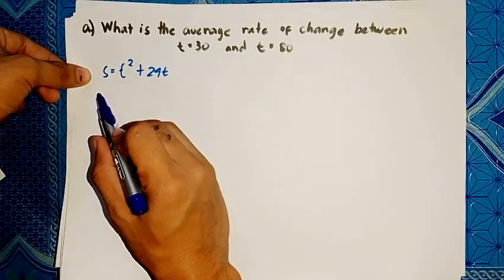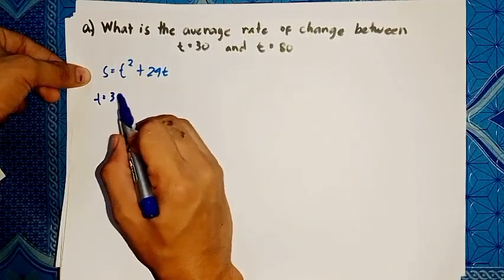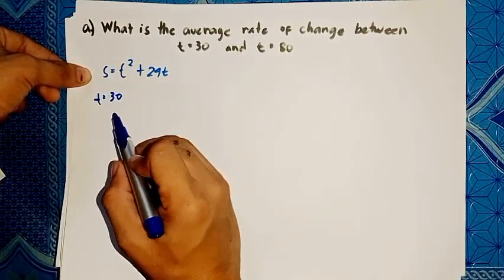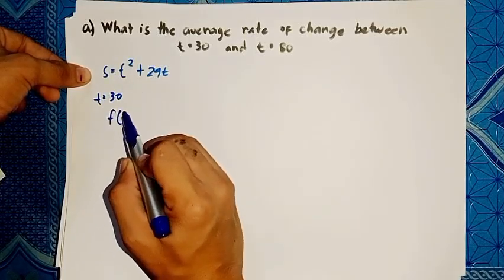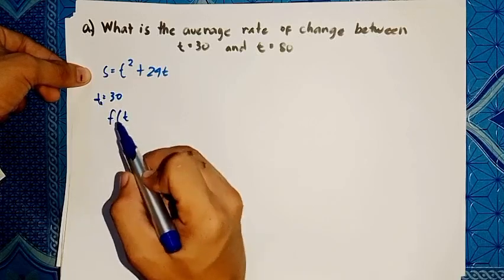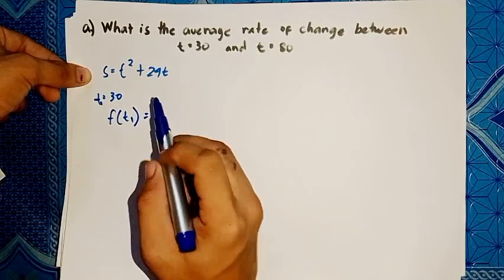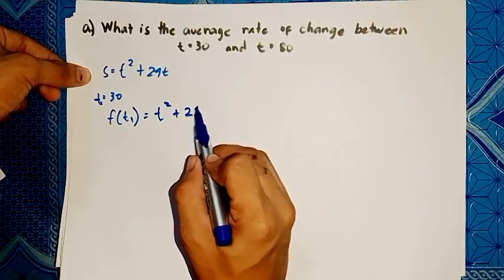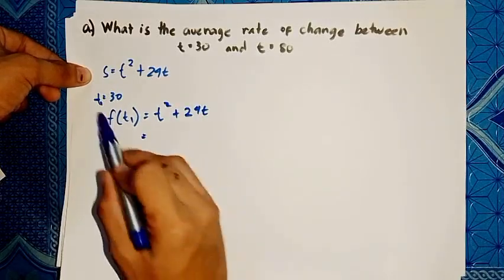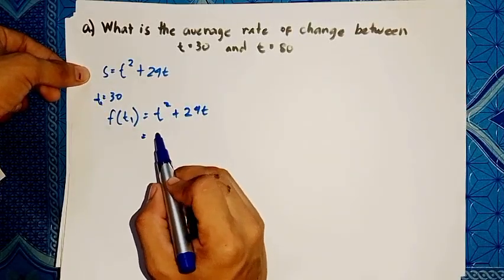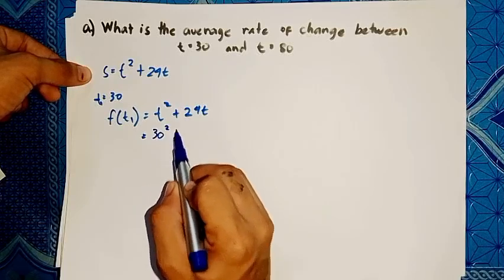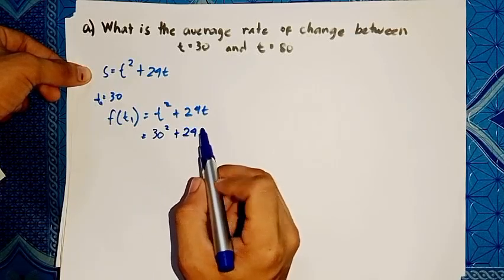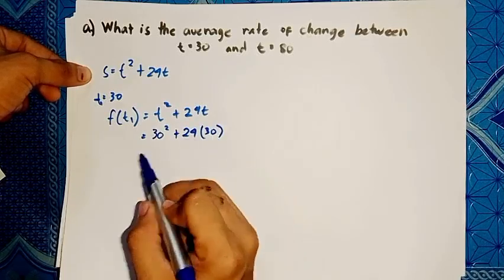So first we have t is equal to 30. When t is equal to 30, let's denote it as t1. f of t1 is equal to t squared plus 24t. Substitute the value of t is equal to 30, we have 30 squared plus 24 times 30.